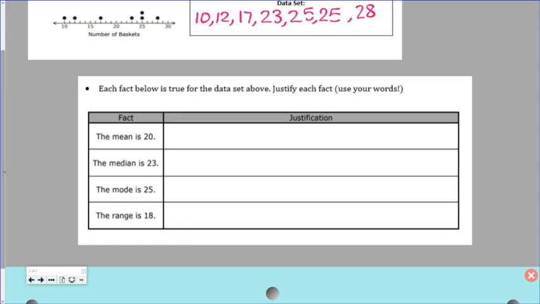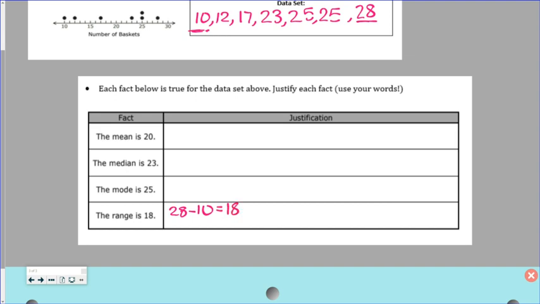So first period, we started with the range. So the fact is the range is 18. So we're going to check using our data points to see if the range is 18 and why. So we know the range is the difference between the largest number and the smallest. So if we take our largest number and our smallest, and we subtract them, 28 minus 10 is 18.